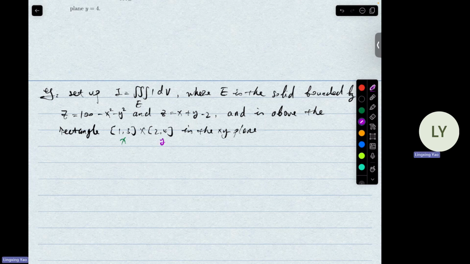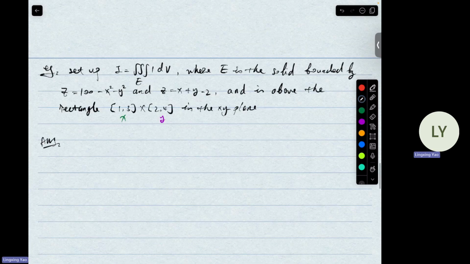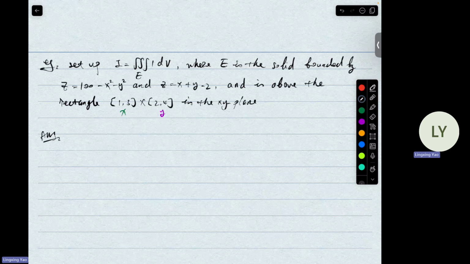Okay, so here things are quite straightforward if you try to imagine. Because here, what we should think of is that in the xy plane, with 1, 3 and 2, 4, we have our projection of E onto the xy plane, which will be this rectangle.